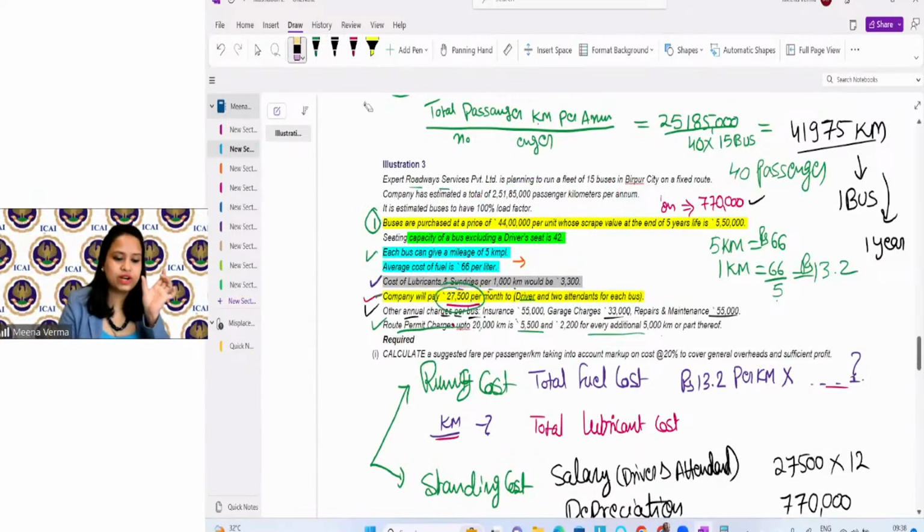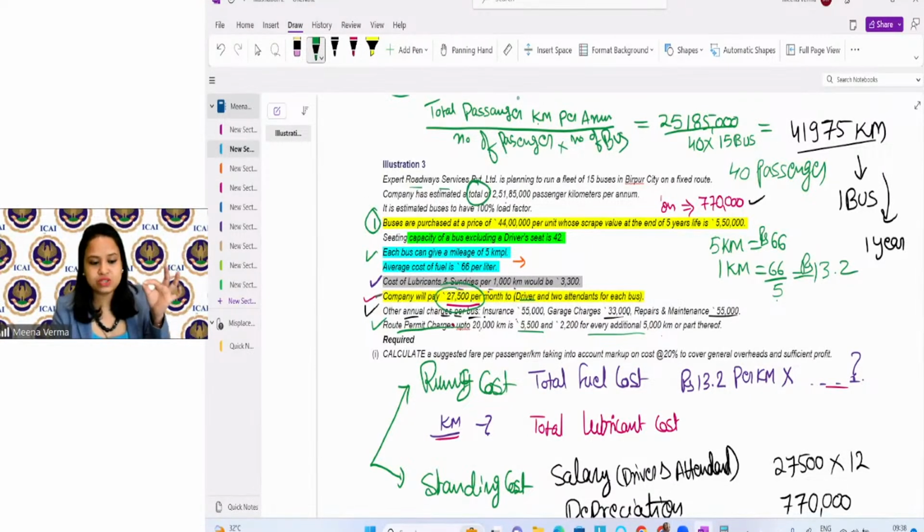For that reason, from the total passenger kilometer, I have divided it with the number of passengers, and I have divided it with the number of buses also. Why? Because this was for total, the number of buses and the number of passengers are both included here to calculate the passenger kilometer per annum, right?